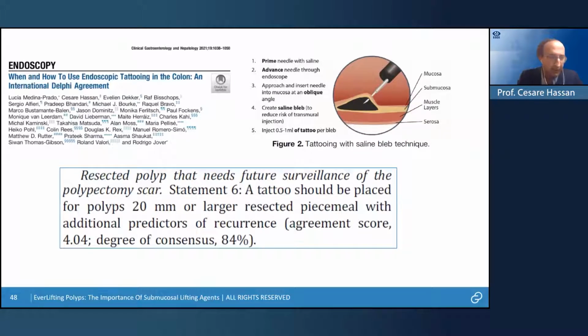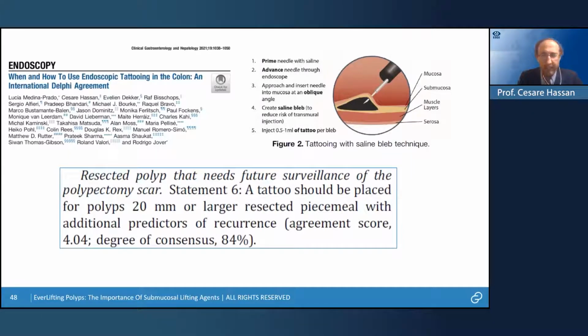And Evelyn, Doug was in, and we recommended that a tattoo should be placed for a polyp 20 millimeters or larger, resected in piecemeal with additional predictors of recurrence.